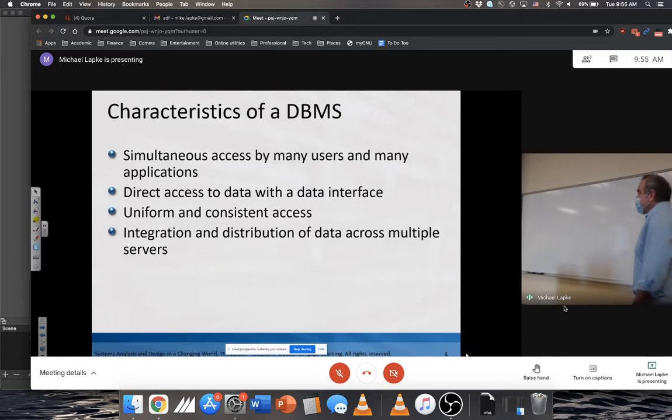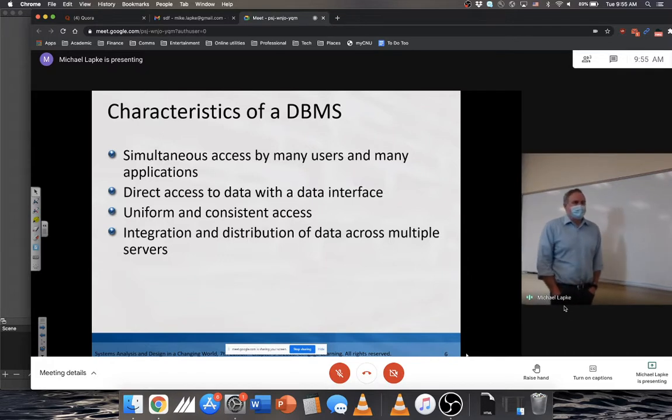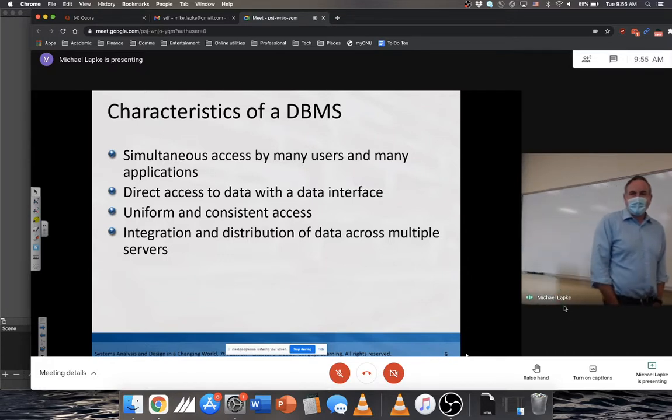Basic characteristics: simultaneous access by many users and many applications. Also a beautiful part of the DBMS. So I talked about it taking this file management hassle away from developers, which is awesome. This is another really cool thing: simultaneous access by many users and many applications.